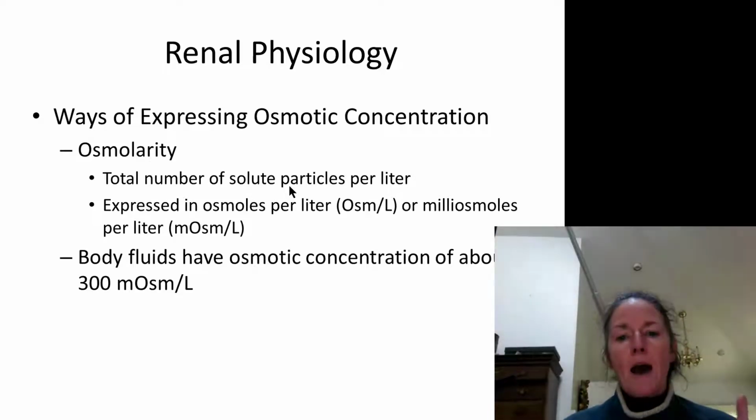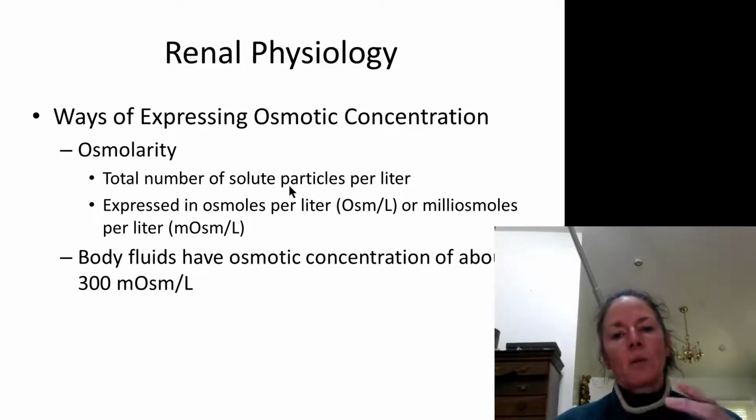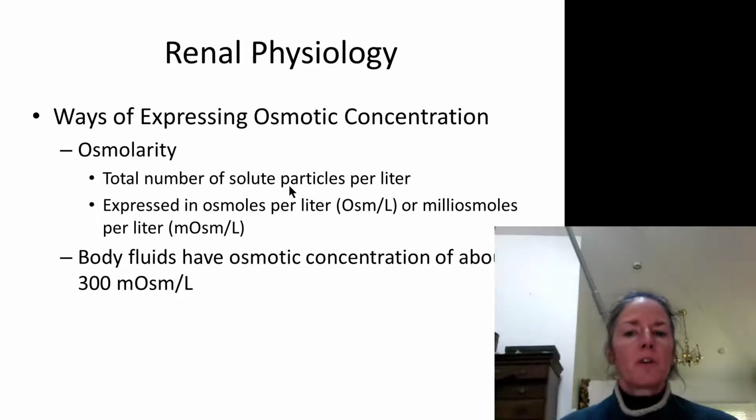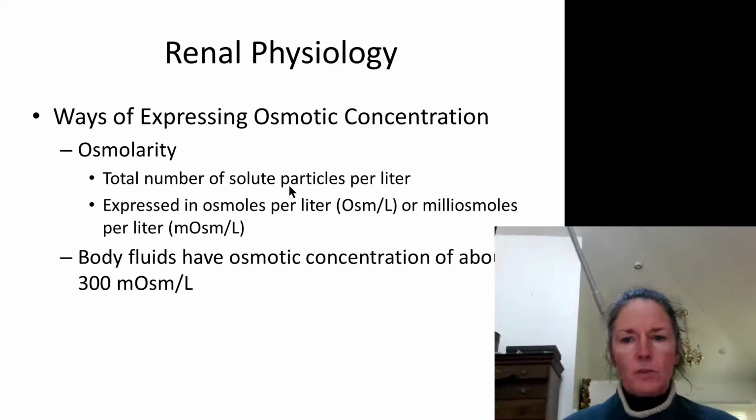So if you had 1 mole of sodium chloride and stuck it in 1 liter, you would have an osmolarity of 2. Why? Because the sodium and the chloride dissociate. And so now you will have 2 moles, a mole of sodium ions and a mole of chloride ions, dissolved in 1 liter.